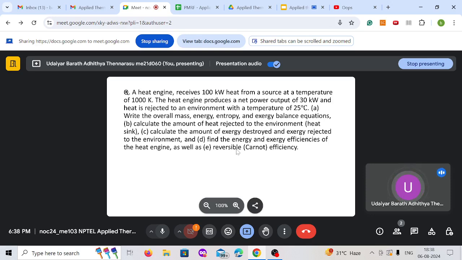Write the overall mass, energy, entropy and exergy balance equations. Calculate the amount of heat rejected to the environment. Calculate the amount of exergy destroyed and exergy rejected to the environment. And D, find the energy and exergy efficiencies of the heat engine as well as the reversible Carnot efficiency.